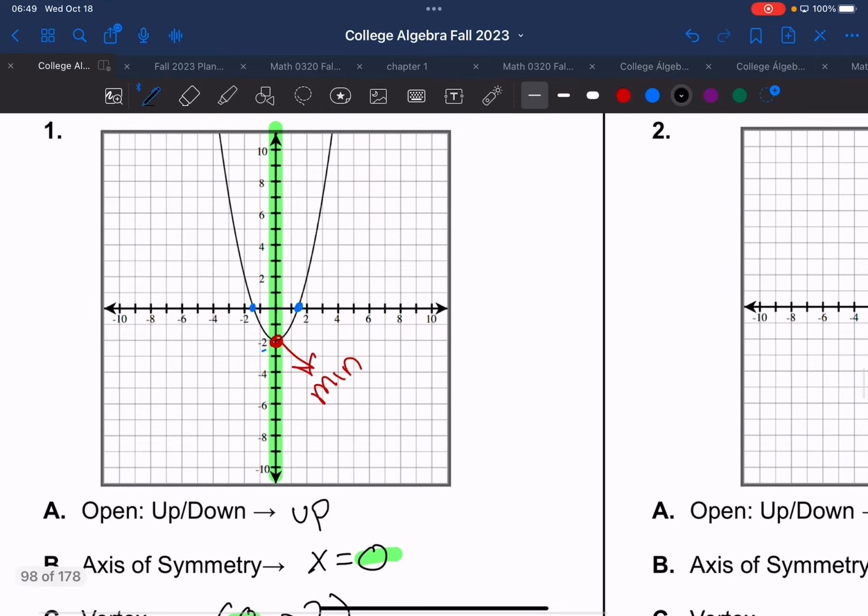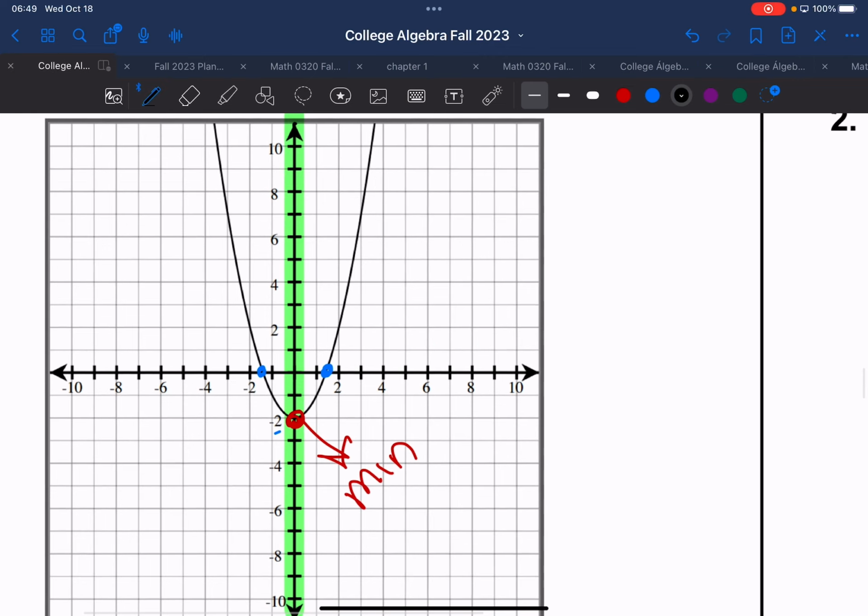And then lastly, looking at the range, remember the range is all of the y values. So looking at the top part of the y-axis, does this graph ever stop? No. So that means it goes to infinity. But if we look down on the y-axis, where does this stop? -2. Is that included or not included? Included, right?